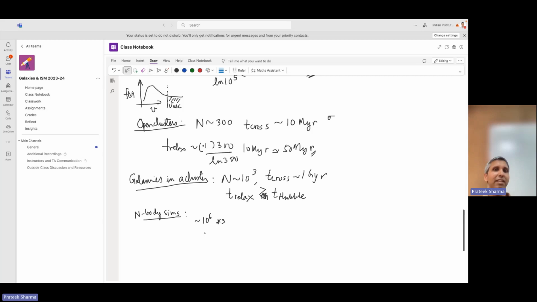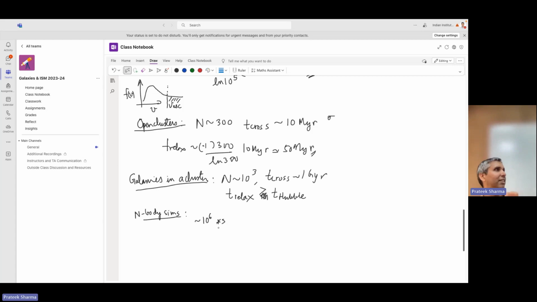But see, if you reduce n, you artificially make your system collisional. You will have artificial relaxation if you don't have enough star particles in your simulation. And the reason is exactly the same.